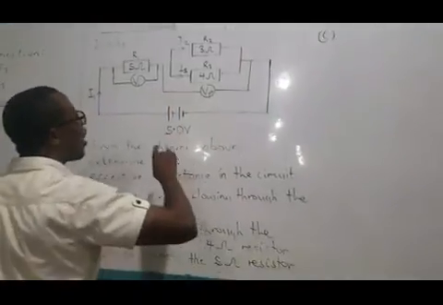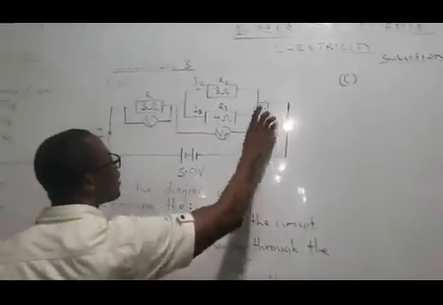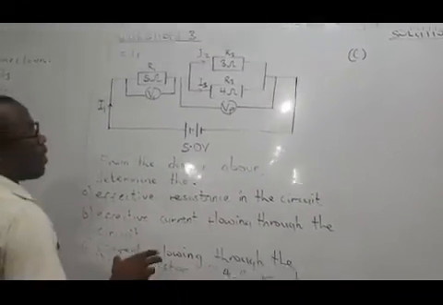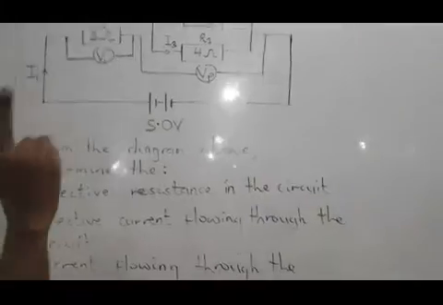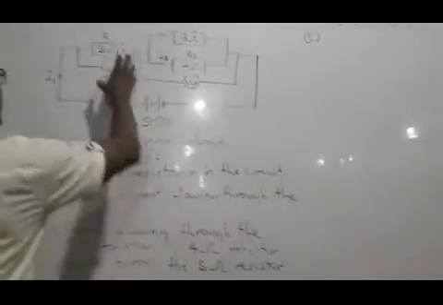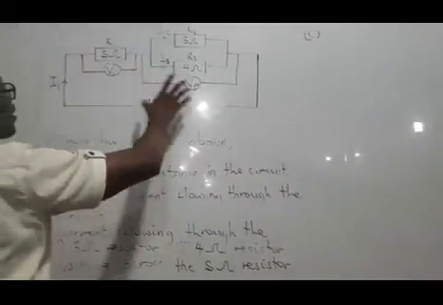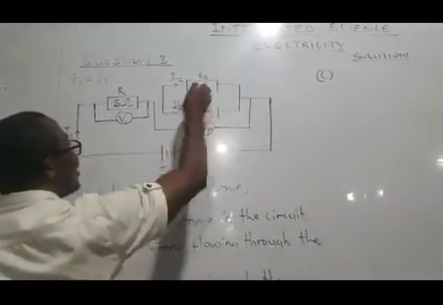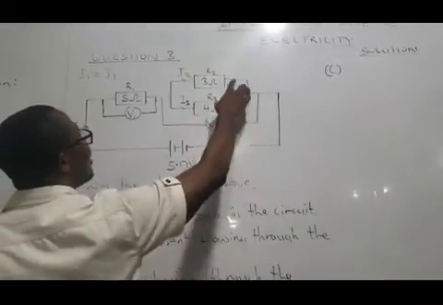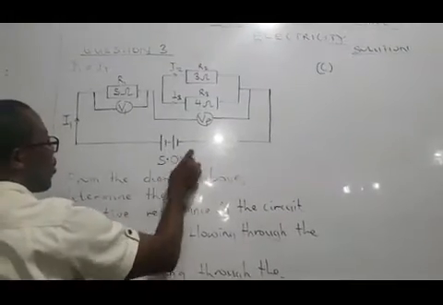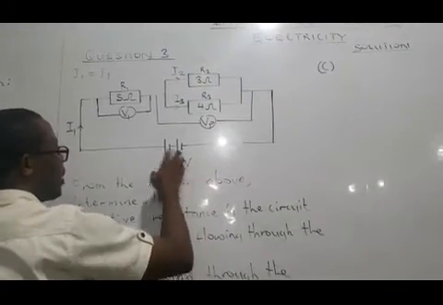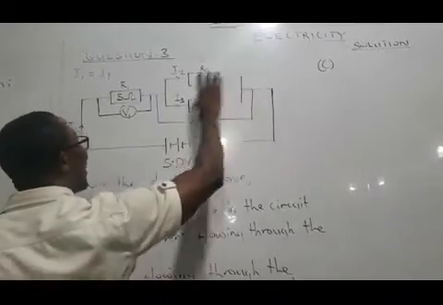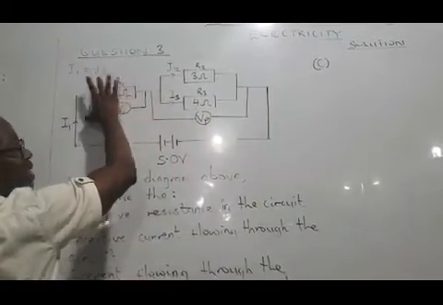So in this diagram, the voltage across the parallel connection is Vp. Please don't get confused. In question 2 that we looked at in the previous session, there was no series connection. It was only the parallel connection of resistors. So we said that the voltage across the parallel resistors was actually equal to the effective voltage or the total voltage. But in this case, apart from the parallel connection, there is also a resistor connected in series.